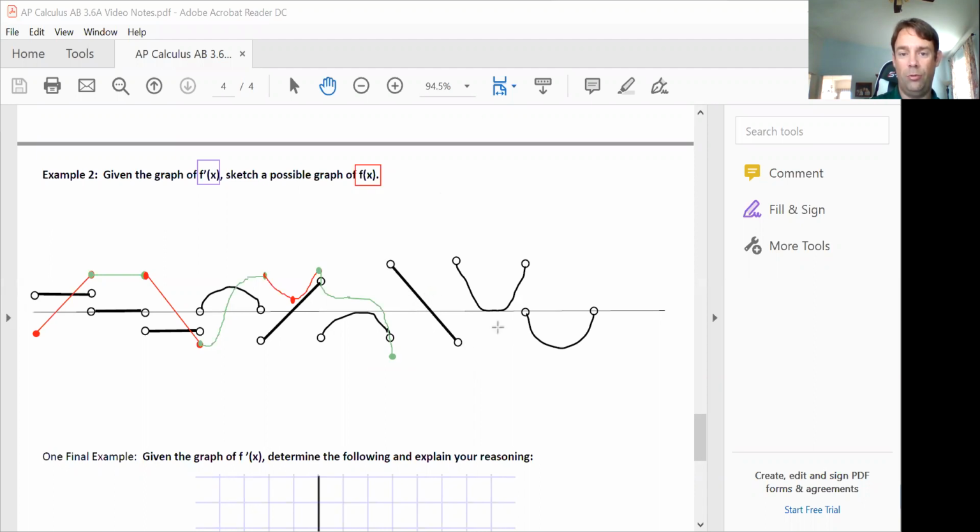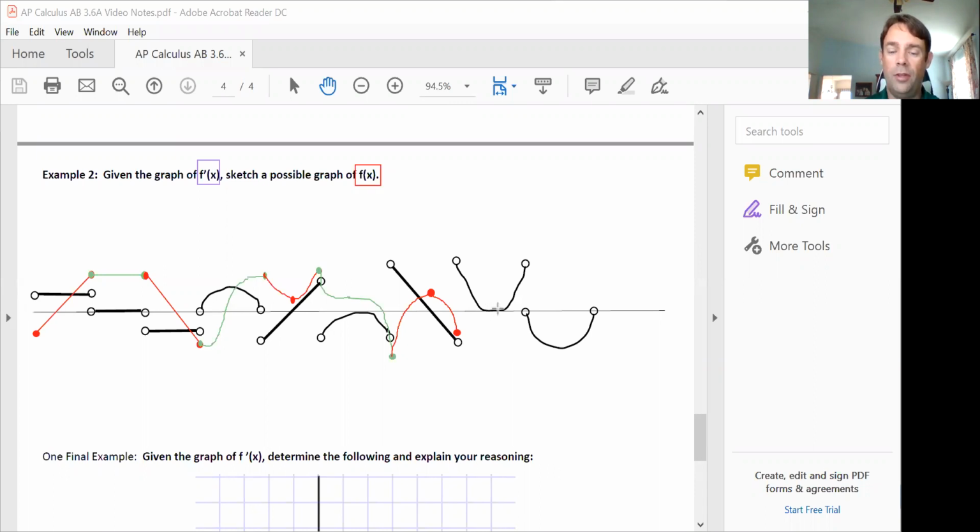I forgot to change colors. So we're going to go up, parabola, and down. Like I said, you'll be doing more of this on your classwork. We're going to do more in class in general. These are actually supposed to be kind of fun as you put the pieces together.